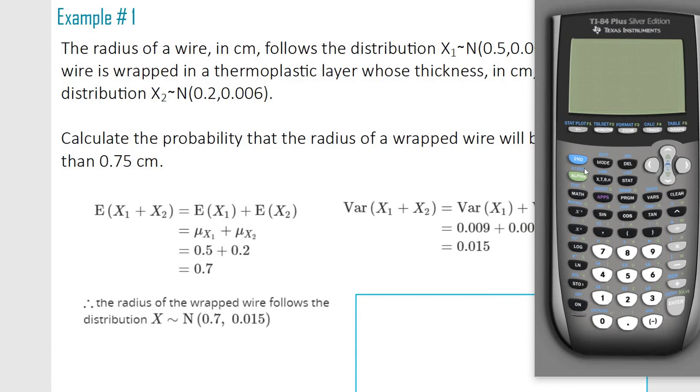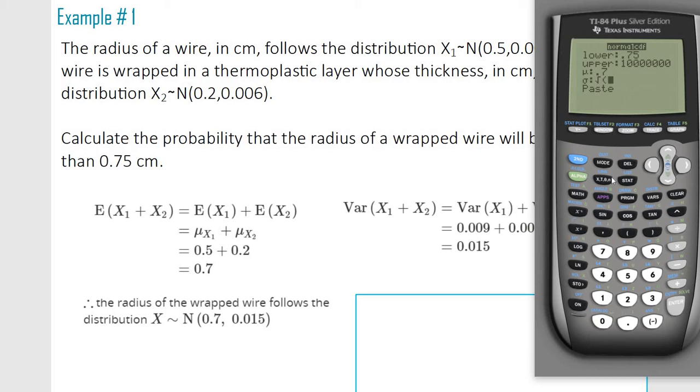Pull out the calculator. We use second VARs, normal CDF. We want to go from 0.75 to something large, and then this one, remember, that's the variance.